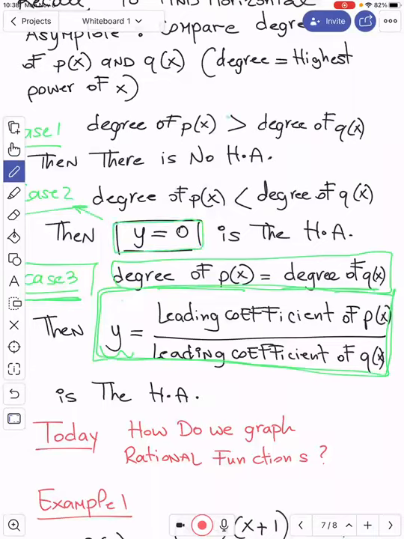If the degree of P is larger than the degree of Q, then there will be no horizontal asymptote. So we are in the third case because P and Q have the same degree, which is 2. So the answer is y equal to the leading coefficient of P over the leading coefficient of Q. Make sense now? Okay, yes, thank you.